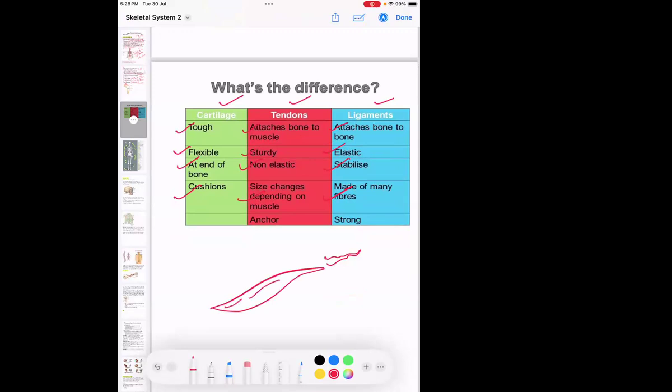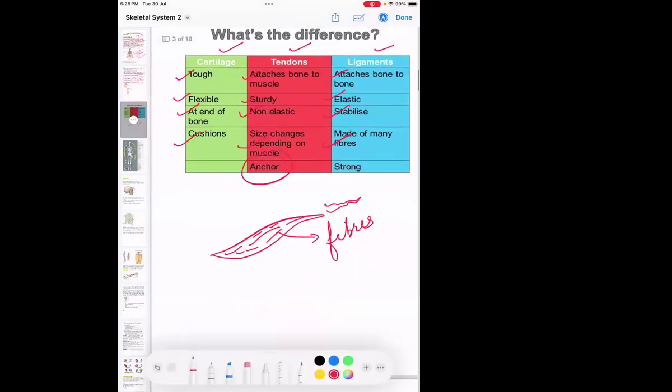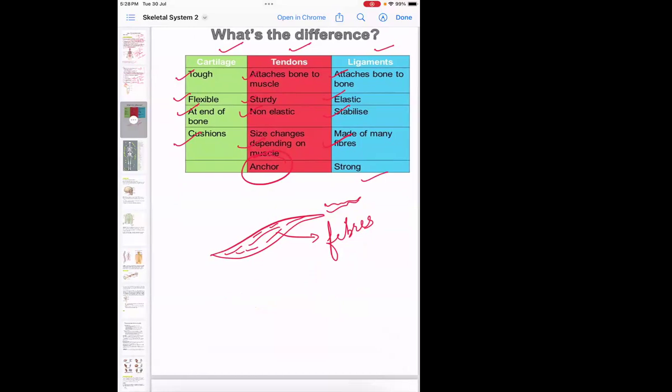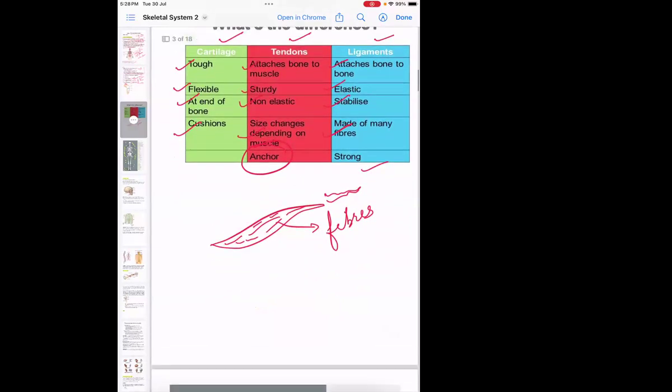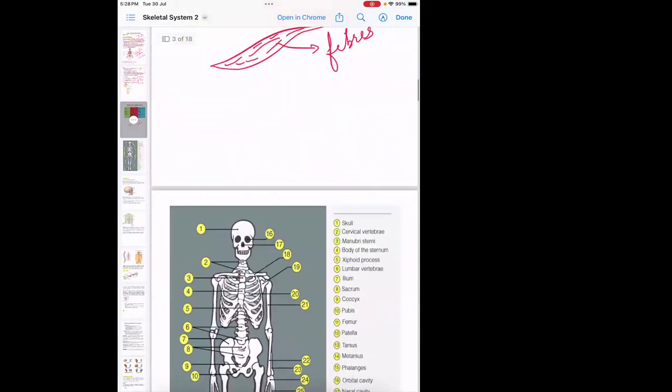In the muscle, the small thread-like structures are called fibers. Ligaments are made up of so many fibers. Tendons basically help to anchor. Anchor means to hold something. Whereas ligaments are strong in nature. So these are the differences between the cartilages, ligaments, and the tendons.